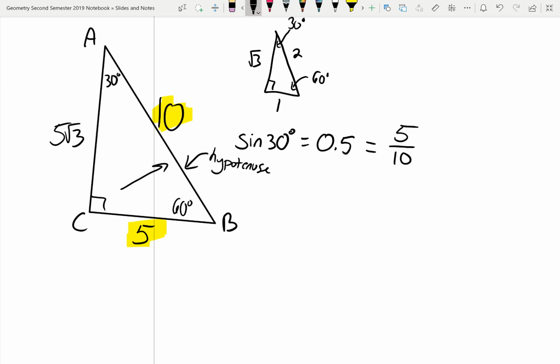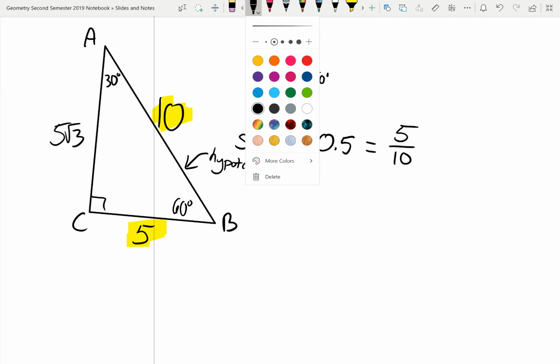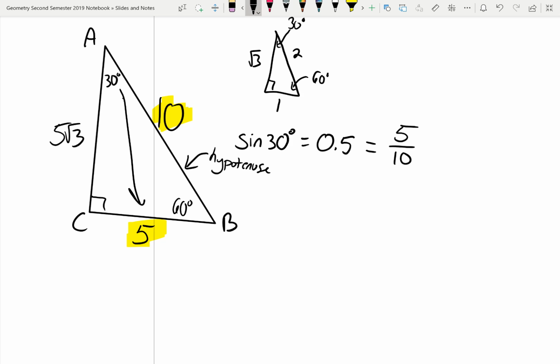So the question is, how do we differentiate between each leg? Well, in this triangle, I've been saying the shortest leg and longest leg. And that works, but we want names that will work for any size or shape triangle. So let's use the word opposite, because this side is opposite that angle right there.